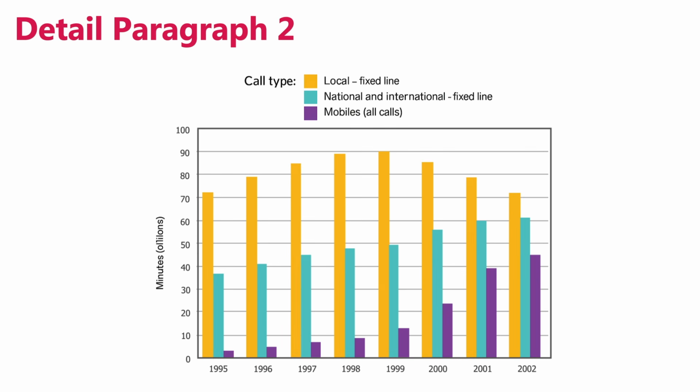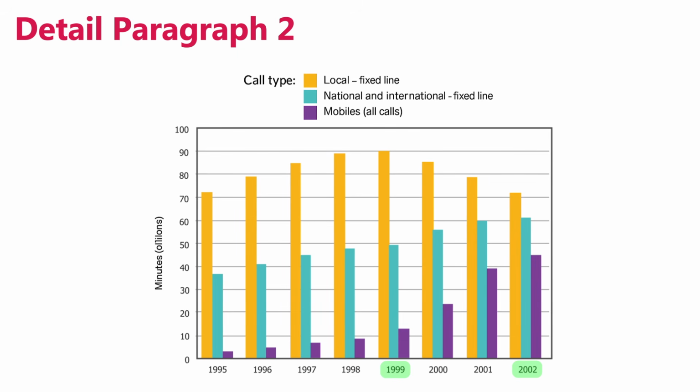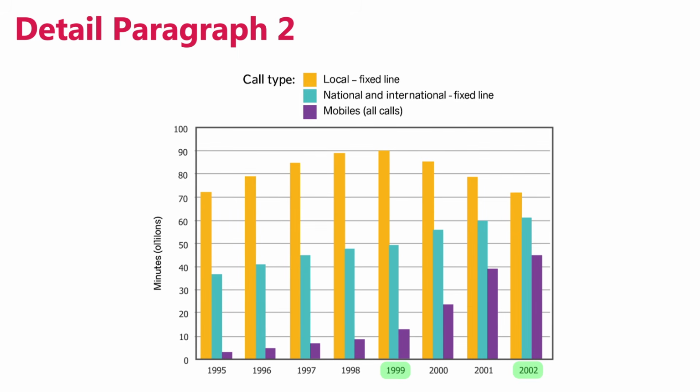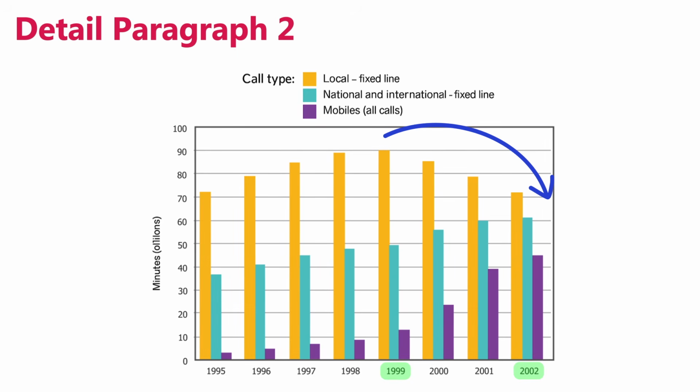And here we should analyze from 1999 to 2002. And here again, you should definitely start your paragraph from the date, from 1999 to 2002. So what happens here? As you can see, local fixed line experienced a decline, right?